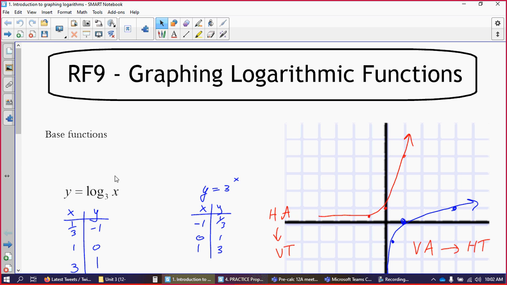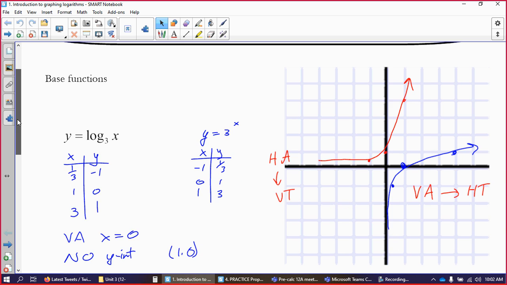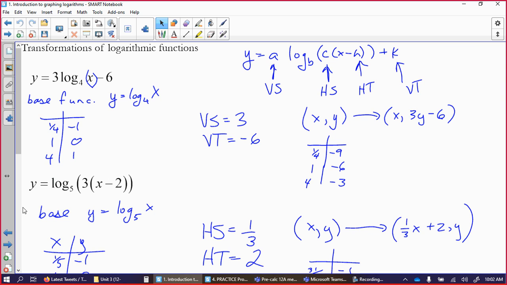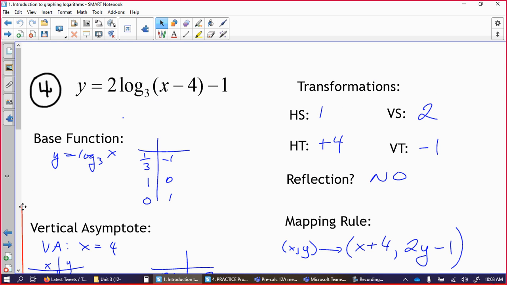Over here, over there. Yesterday we looked at graphing logarithmic functions, which is figuring out the base function, which we can do if we forget. We can go back to the exponential function and do the inverse. These are all going to have vertical asymptotes and have x-intercepts.